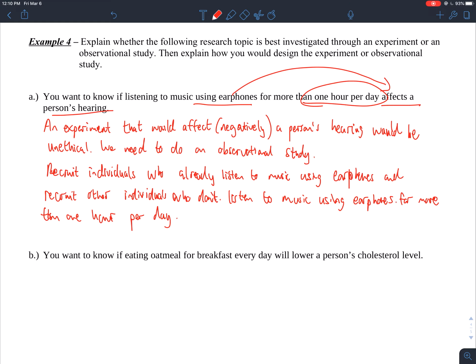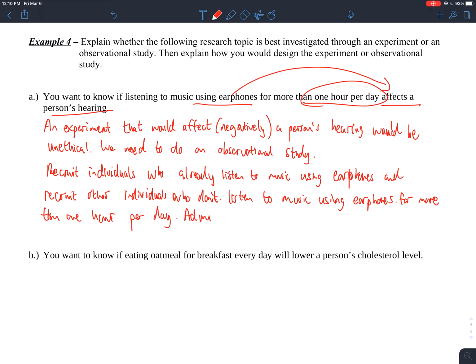And then what would you do? You would say, maybe give each group a hearing test and see if the people with earphones have worse hearing than the people without, who don't use the earphones, okay?